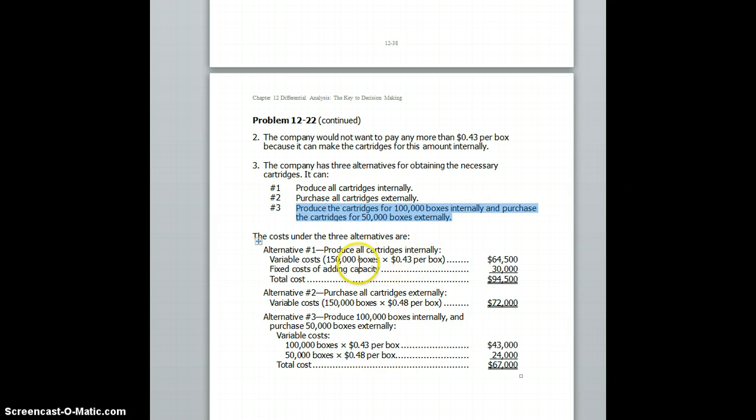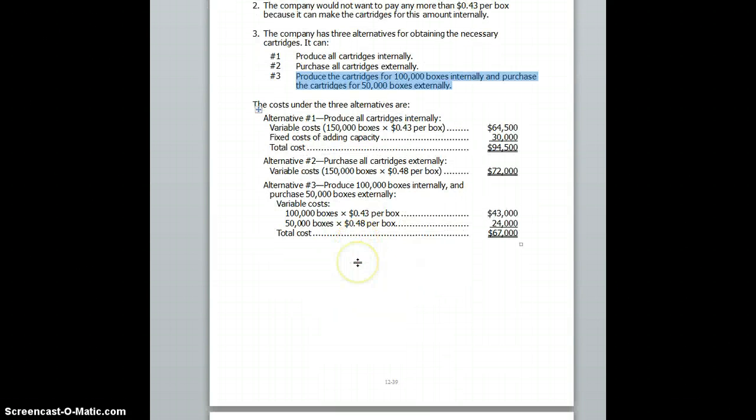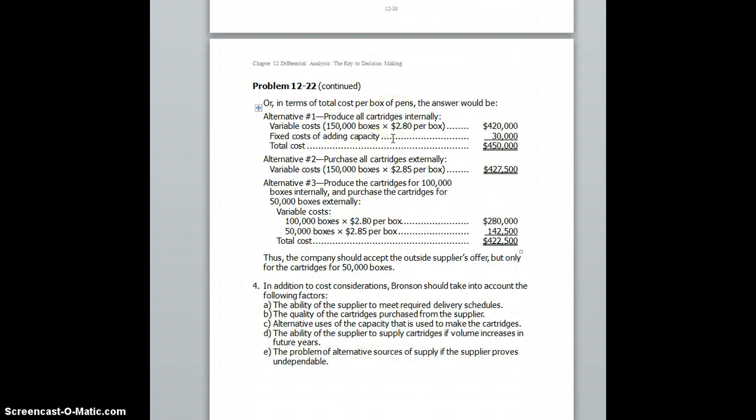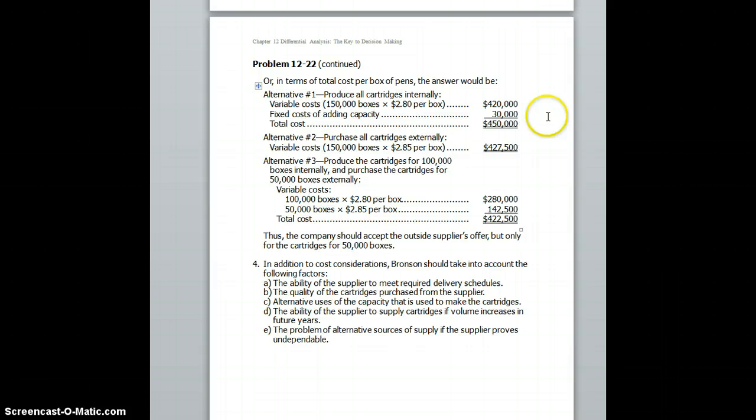In order to do this, if we were to line up the cost for each, here are the three alternatives using the 43 cents per box versus the 48 cents per box. Maybe it's easier to look at it in total dollars. To produce all cartridges internally, we learned at the beginning of part 1 of the problem that it's $2.80 per box.